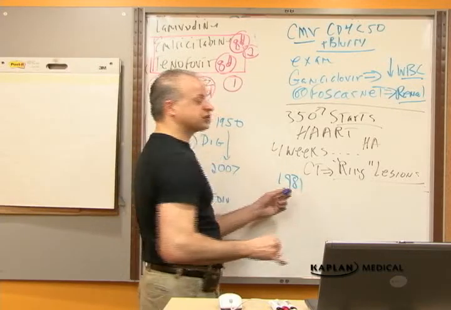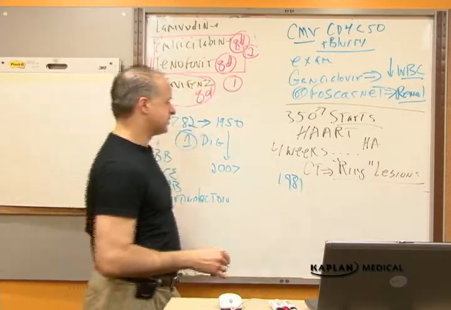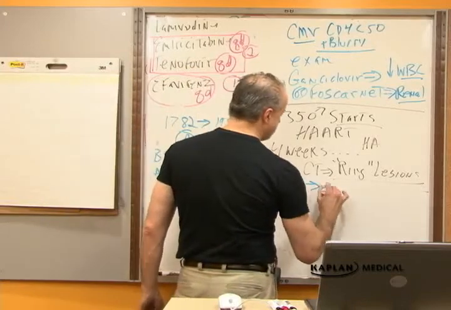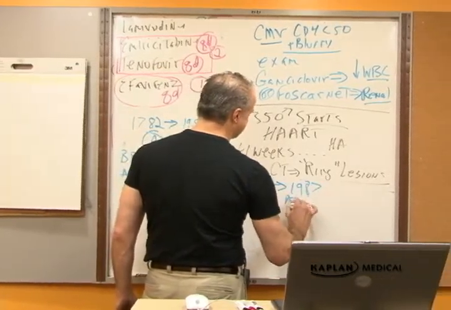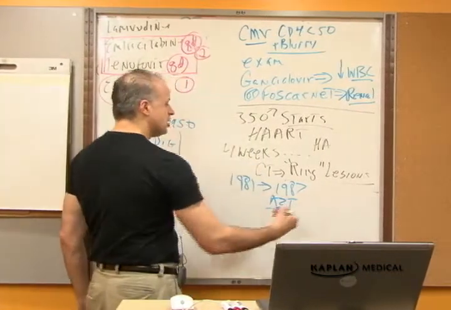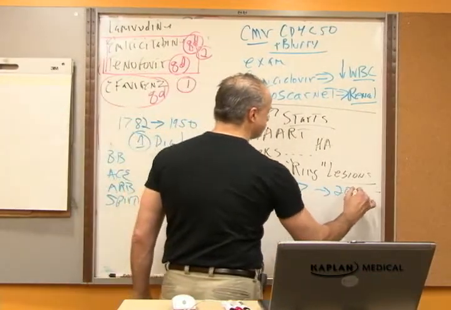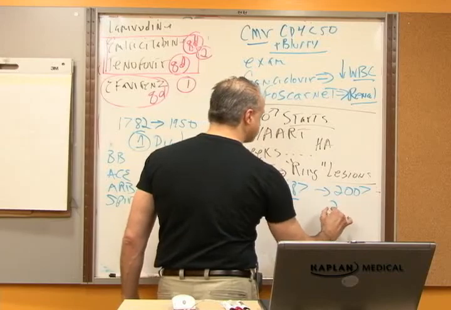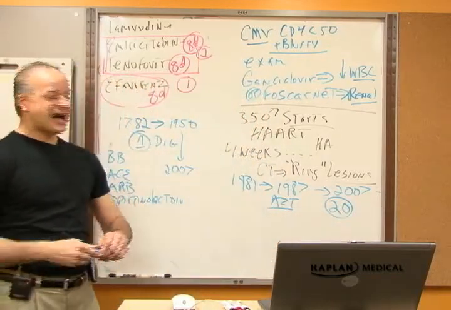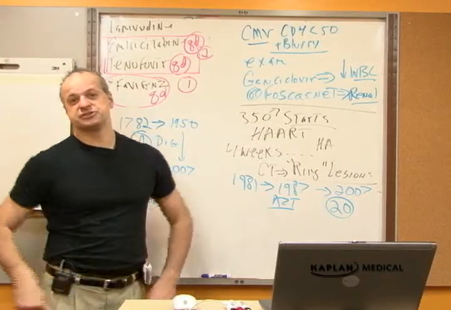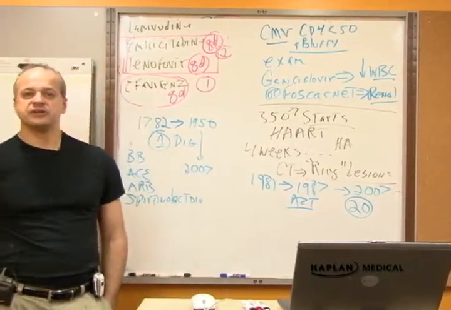1981 was the first description of HIV. Between 1981 and its approval in 1987, there was one single antiretroviral, AZT. Between 1987 and 2007, there are now 20 separate antiretrovirals in 5 classes that have been approved in a 20-year period.